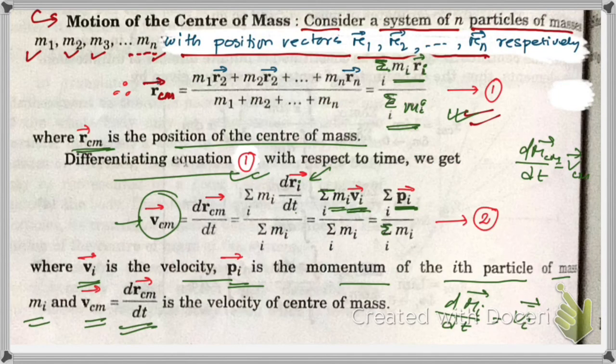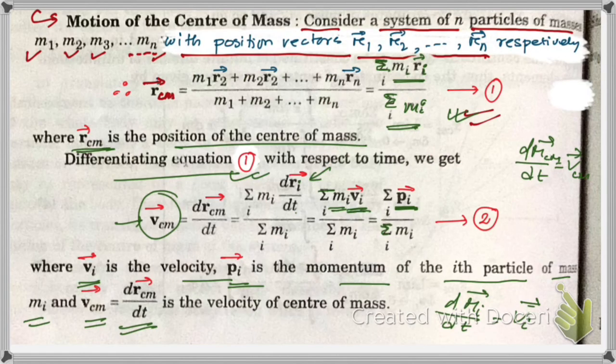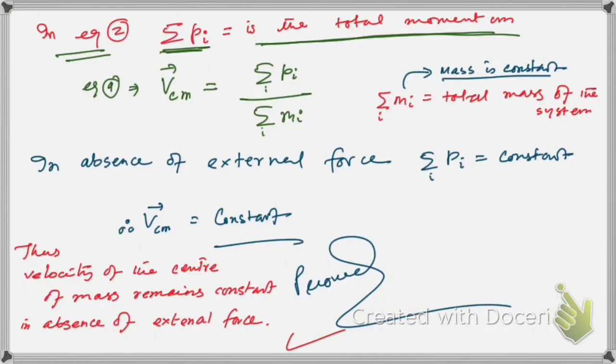Sorry, I have made a mistake here: that should be equation number 2, not equation number 9. In equation number 2 you can see this term, the summation of pi, is nothing but the total momentum, right? So equation 2 implies that V_cm, the velocity of the center of mass, is given by this.